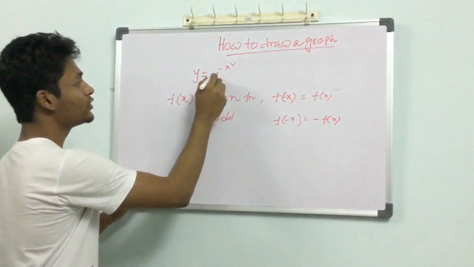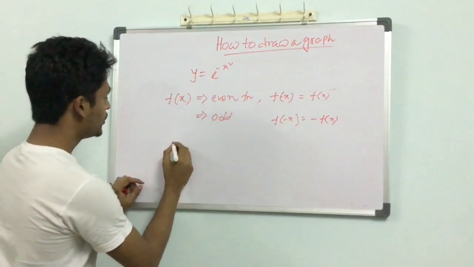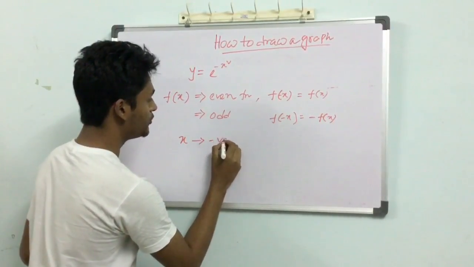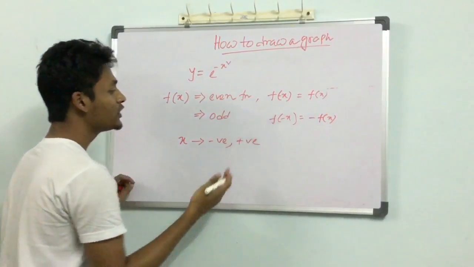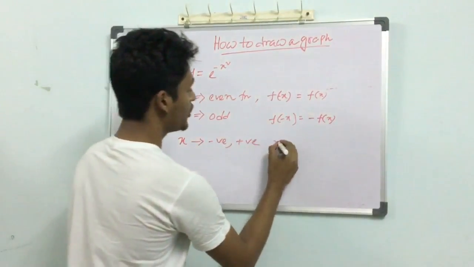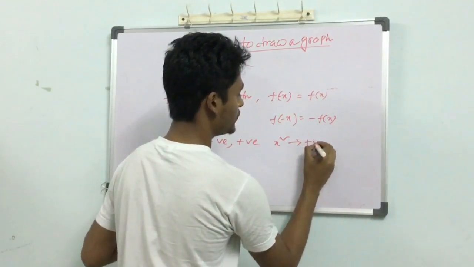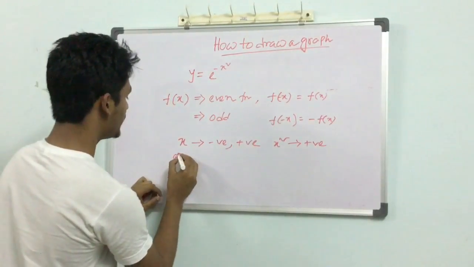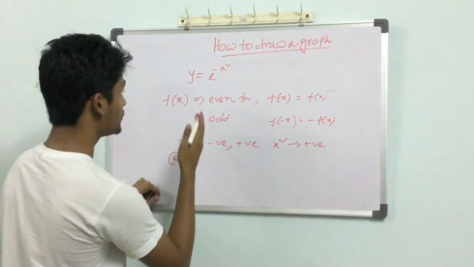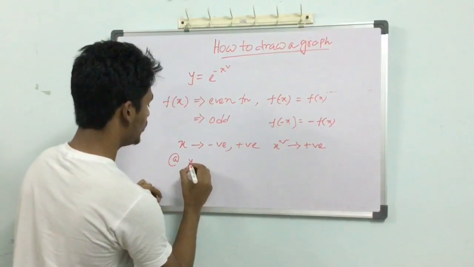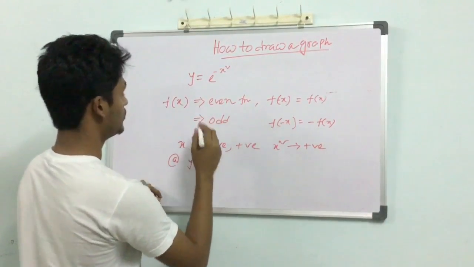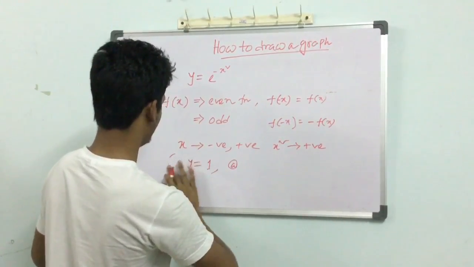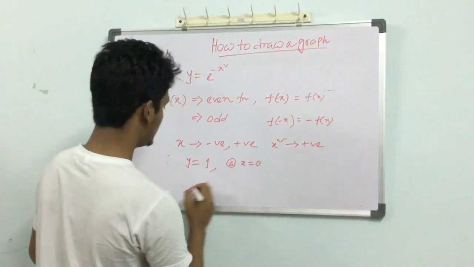So this function is e to the power minus x square. Whether your x is negative or positive, doesn't matter, it will give you always, x square is always positive. Okay, and now I have to take some value of the function at some points, that is y is equals to 1 at x is equals to 0.